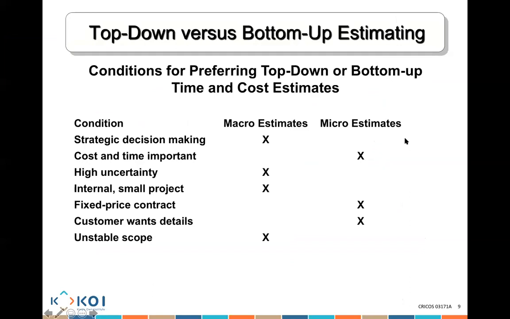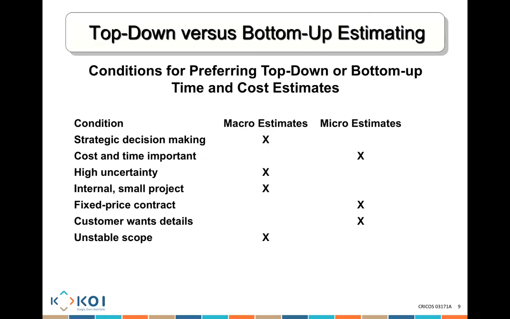Now, ladies and gentlemen, I'm going to talk about when we should do each type of these estimates, because they're both very important and they both have their time. I'm not saying that you do one but you don't do the other. I'm saying we need to check which one is important and for what sort of purpose. So here, we have high-level estimates.